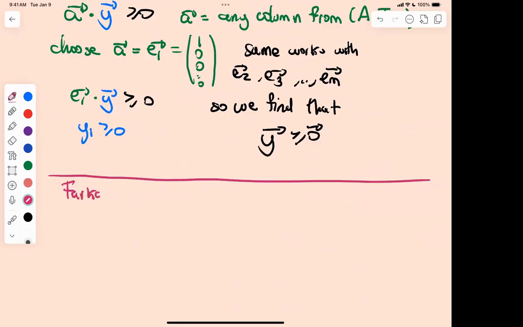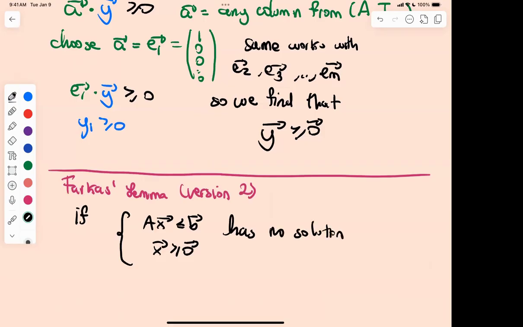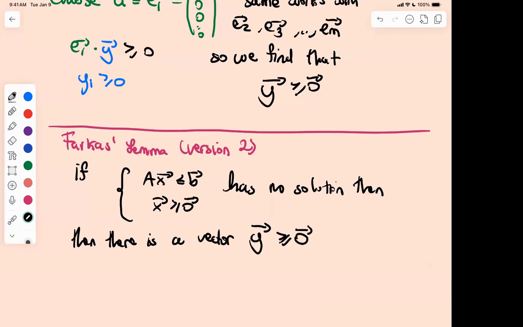So Farkas lemma says that if this system of inequalities has no solution, then there is a vector y, which is greater or equal to 0, in the sense that every entry is non-negative.